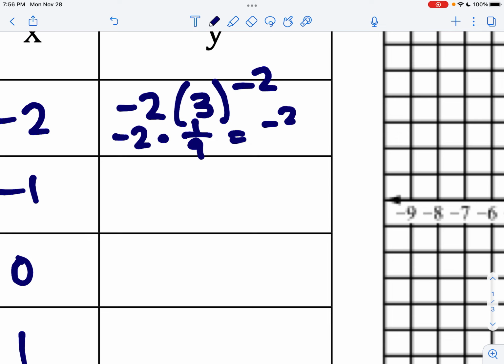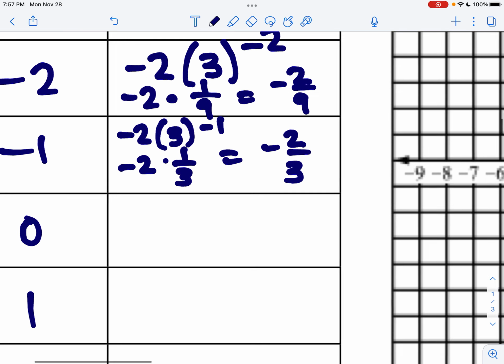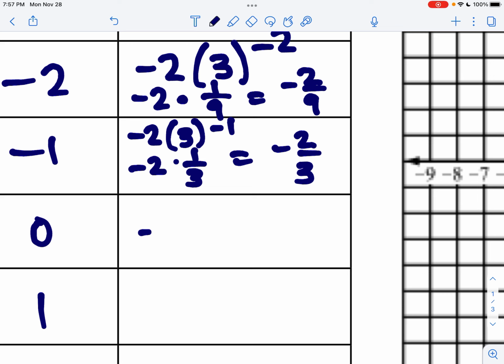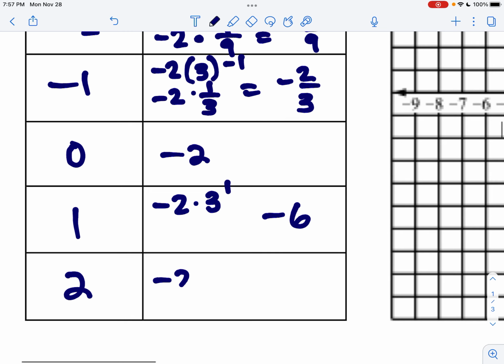So this is going to be -2/9. -2 times 3 to the -1 power is going to be -2 times 1/3, which is -2/3. 0, I know, is going to be my y-intercept, which is -2. -2 times 3 to the first power is just -6. And -2 times 3 to the second power is -18.